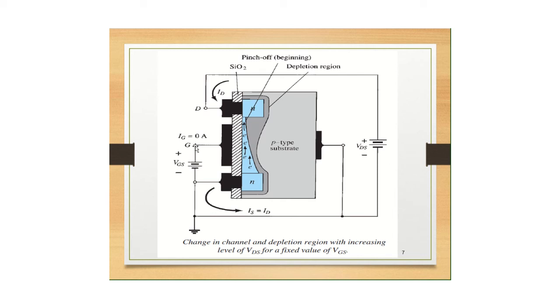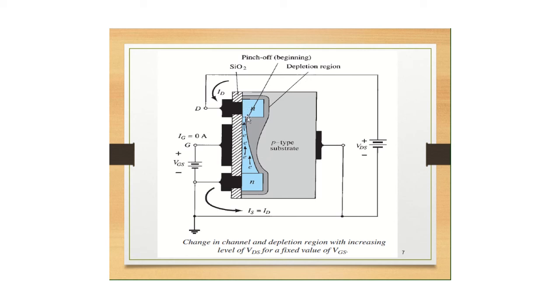So what exactly is happening there? The gate terminal is becoming less and less positive with respect to drain by the equation VDG is equal to VDS minus VGS. That means as you're increasing VDS potential, keeping VGS constant, the gate terminal is becoming less and less positive with respect to drain.